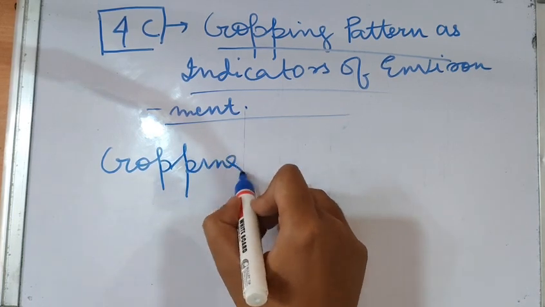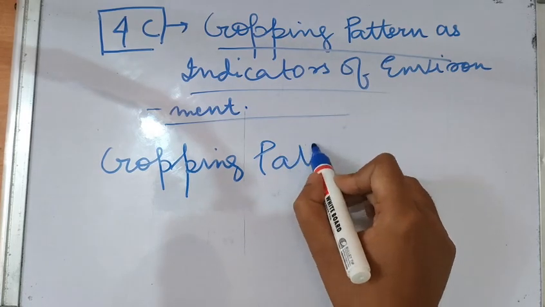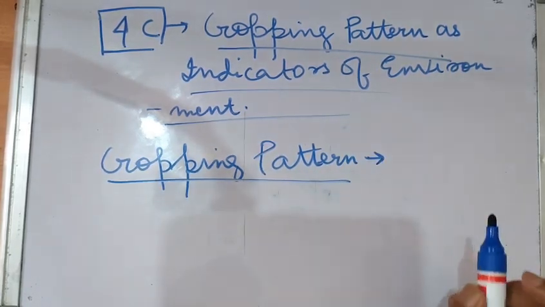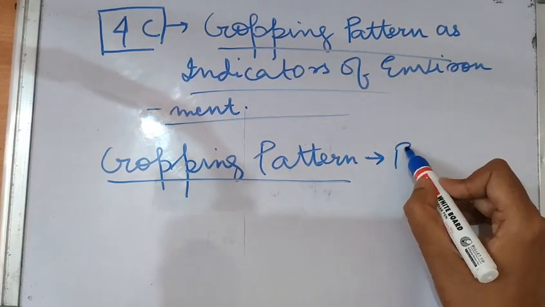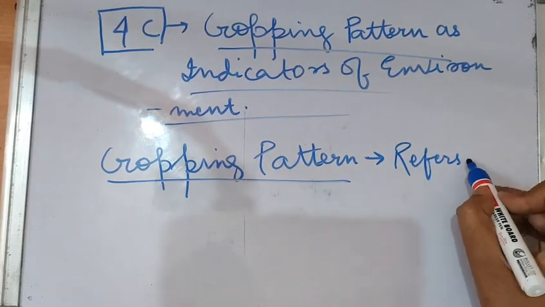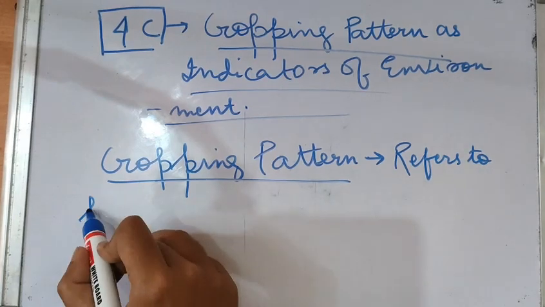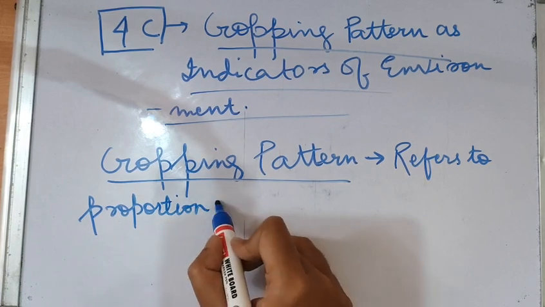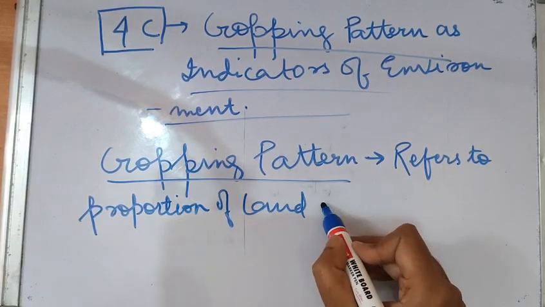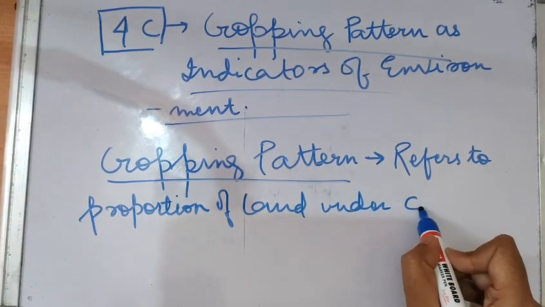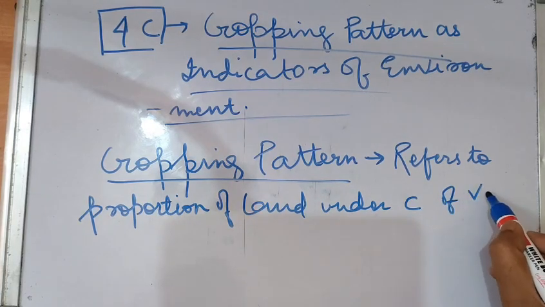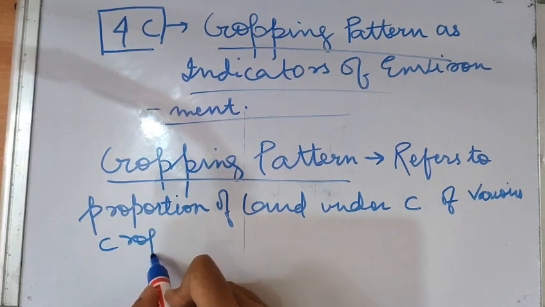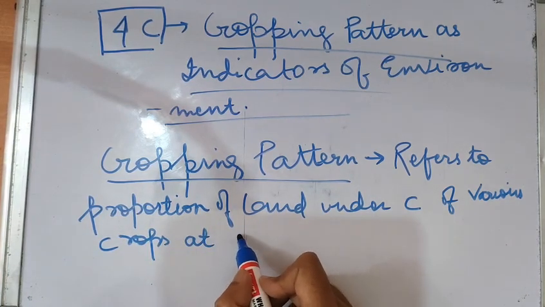First of all, we should know what is cropping pattern. Cropping pattern refers to proportion of land under cultivation of various crops at different points of time.